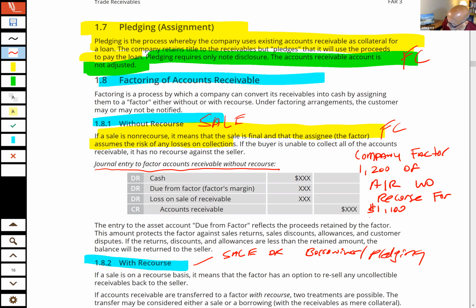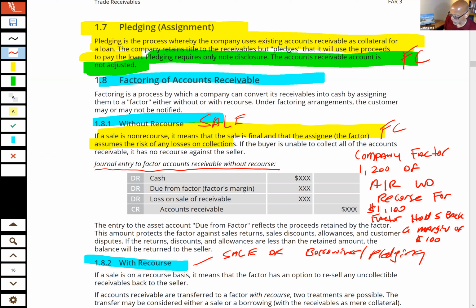And then the factor holds a margin of 100. Now, it's not a loan, Matthew, because if they can't collect on these, they're SOL. The factor cannot come back to me, right?